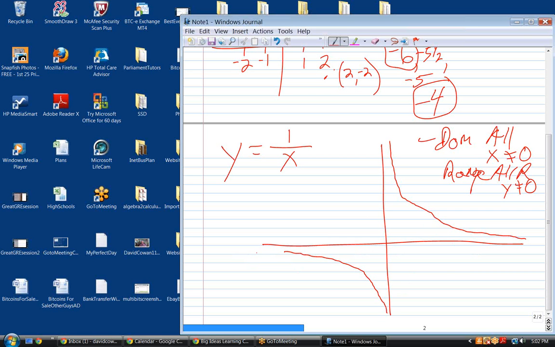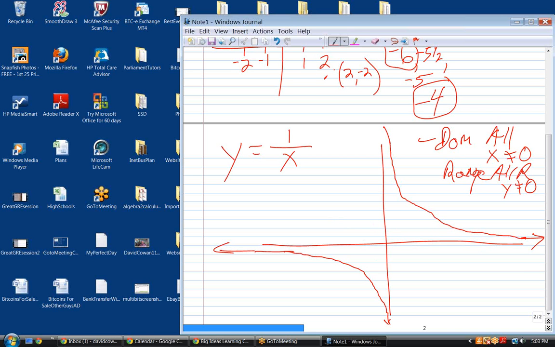The x values come all the way from negative infinity, and they go all the way up almost to 0, but they don't quite ever touch 0. Then they skip the 0, and you could have x be 0.00001, and then it'll go all the way up to positive infinity. So you can see from this graph that x never crosses the y-axis, never touches the y-axis. So x is never equal to 0. And I could get that information by just looking at this graph.